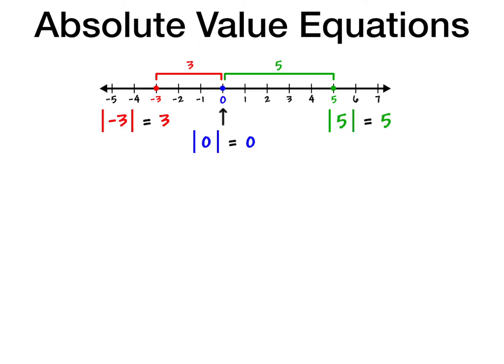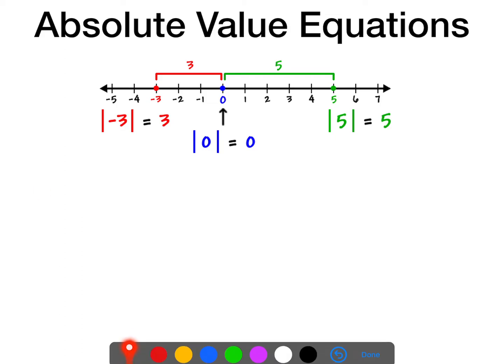So we just talked about absolute value. We said absolute value is how far a number is from zero, or its distance from zero. So mathematically, it's the distance you are from zero.